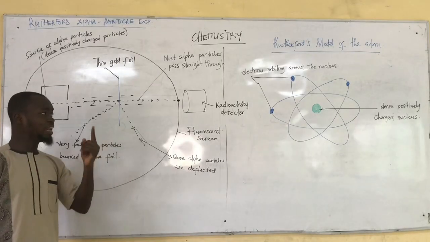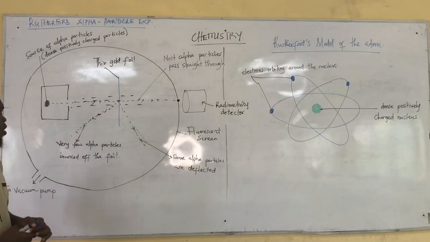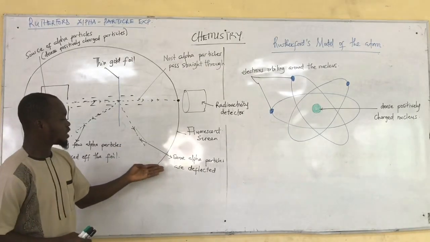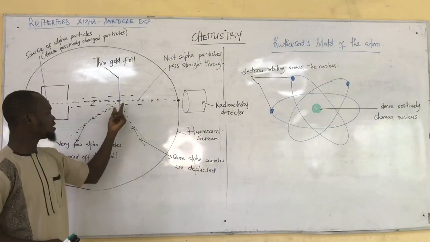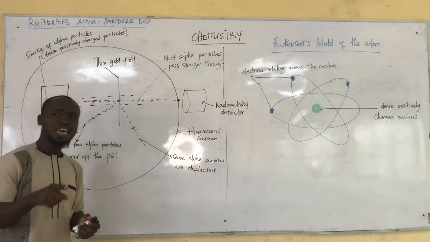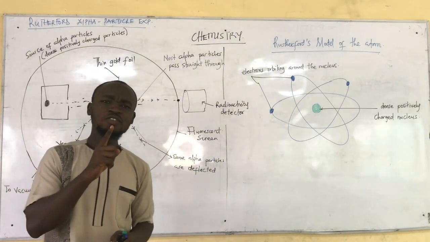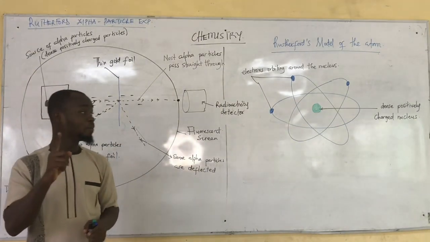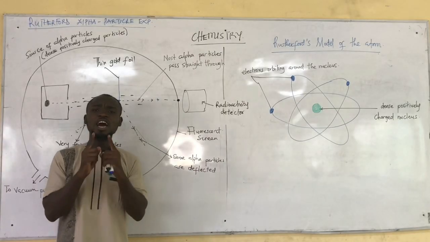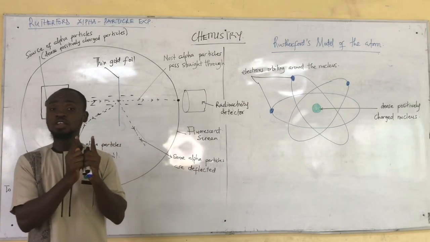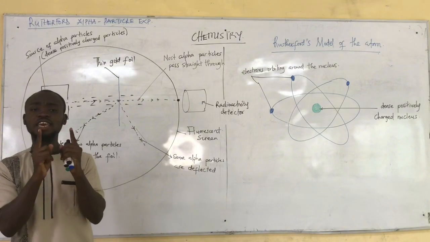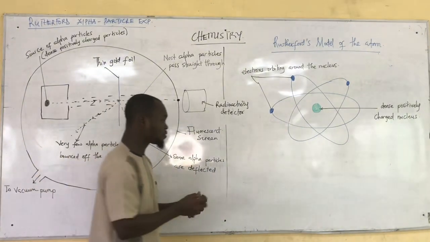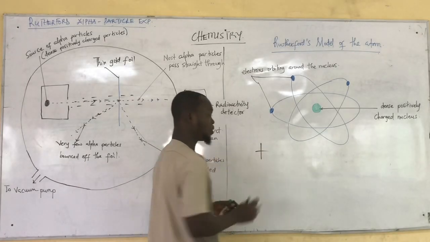Now, the second observation, which suggested that some alpha particles are deflected. What caused the deflection? Rutherford again reasoned that since the alpha particles are positively charged, they could only be deflected if they came into contact with another positively charged particle, because the alpha particles themselves are positively charged.